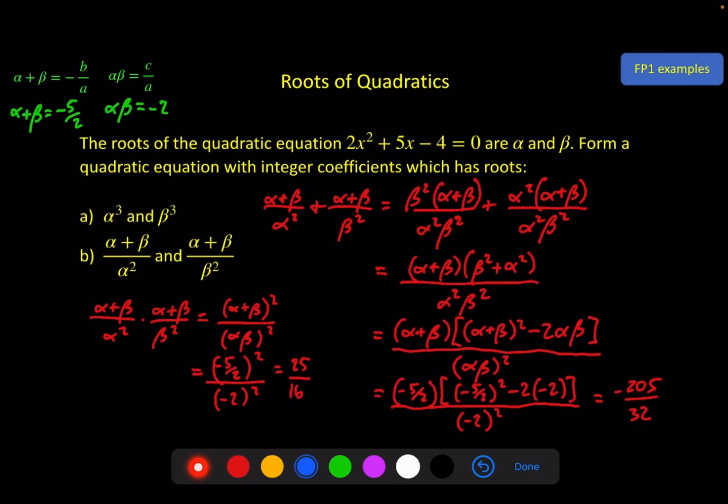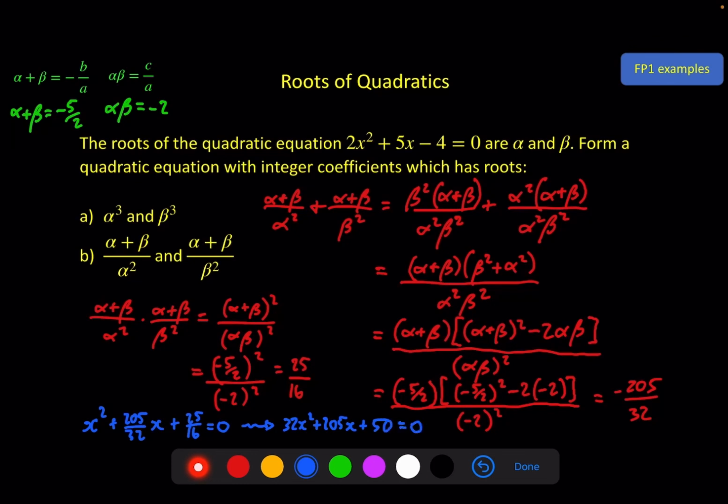So our equation, x squared plus 205 over 32 x plus 25 over 16 equals 0, becomes, with integer coefficients, 32x squared plus 205x plus 50 equals 0.